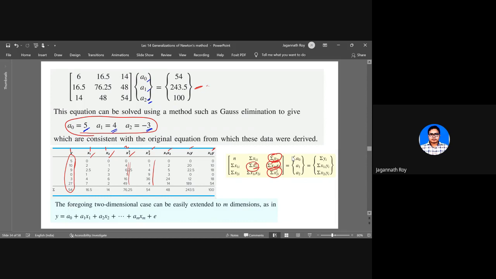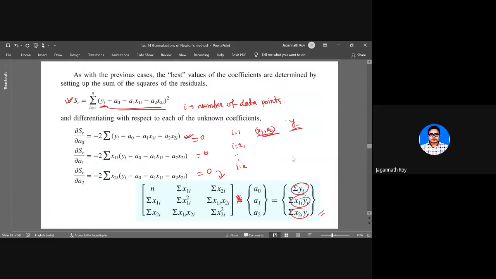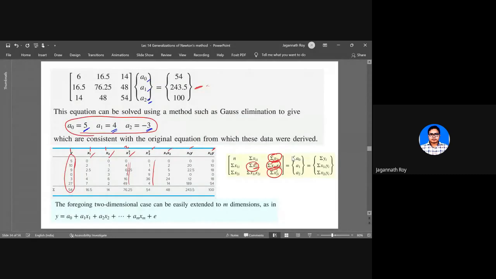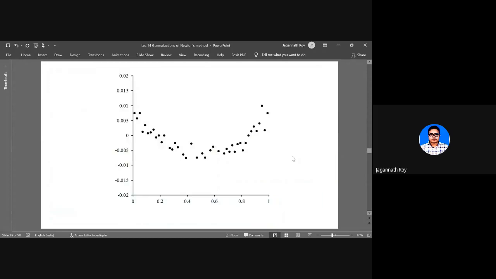So, if you try to go back, yeah, this is the linear. As you can see, here it is 5, 4, minus 3.